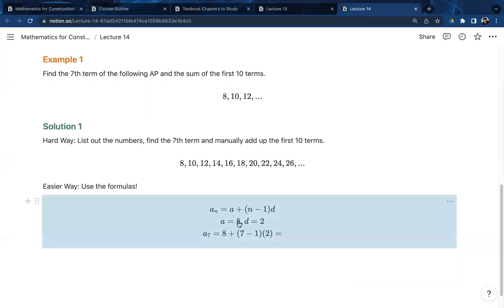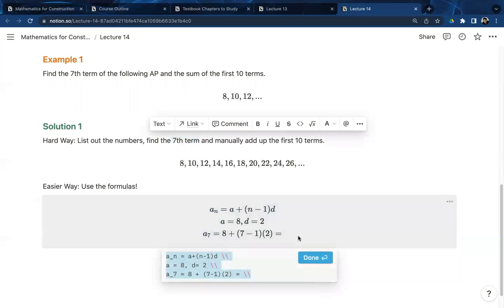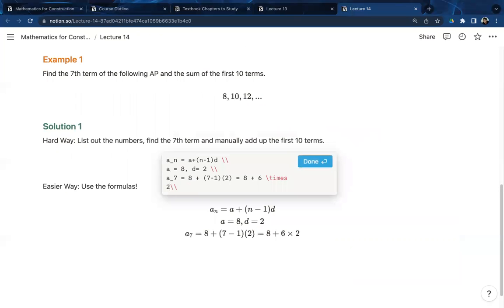You just substitute: where it says a, or a1, we put 8, d is 2, and n is 7, because I want the 7th term. What is this equal to? 8 plus 6 times 2, which is 8 plus 12, equals 20.